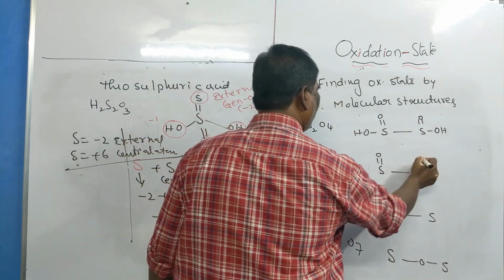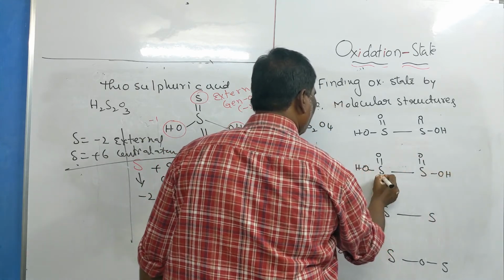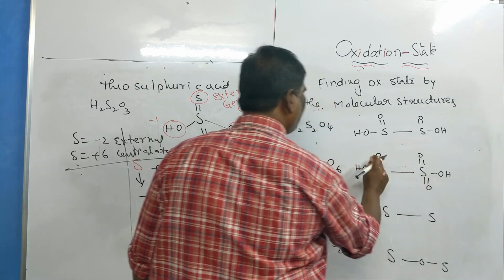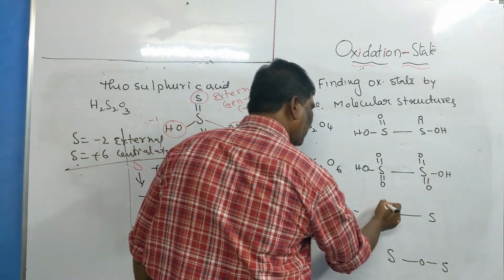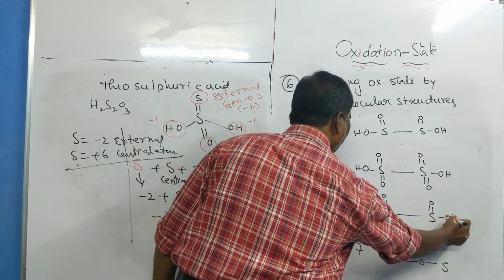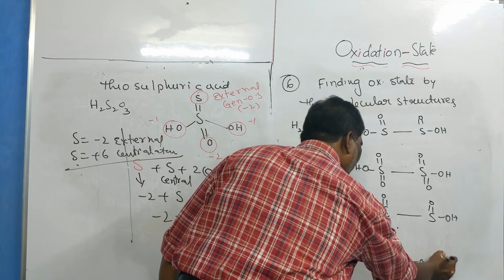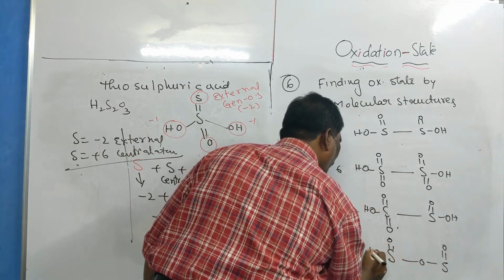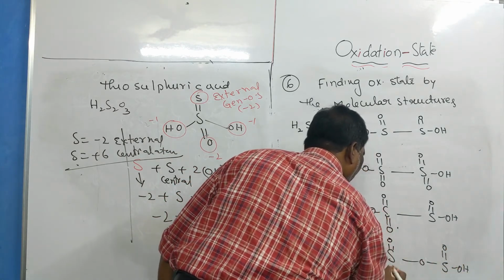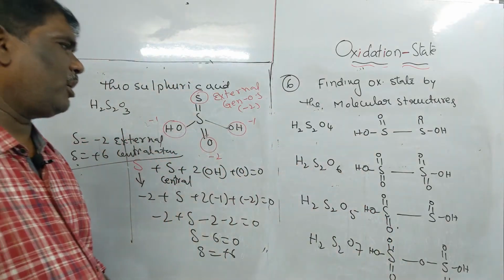Here again double bond O, double bond O, OH, OH. Again double bond O, double bond O. 6 oxygen atoms. Now in this case double bond O, double bond O, OH and OH. In this case double bond O, double bond O, OH group and OH group. This is the method of writing the geometries.